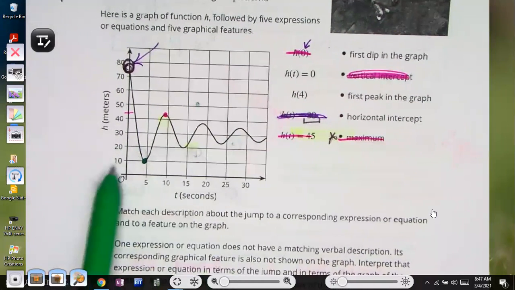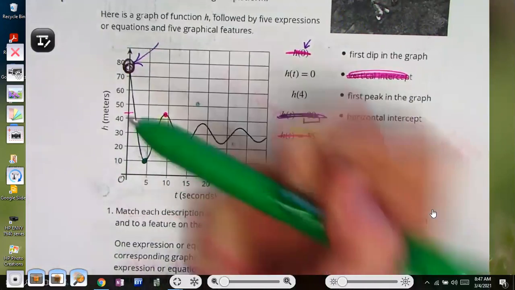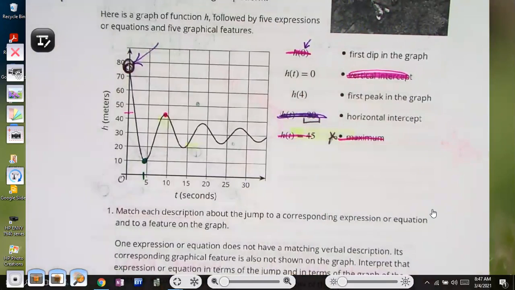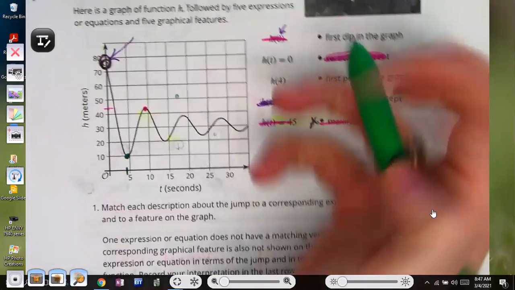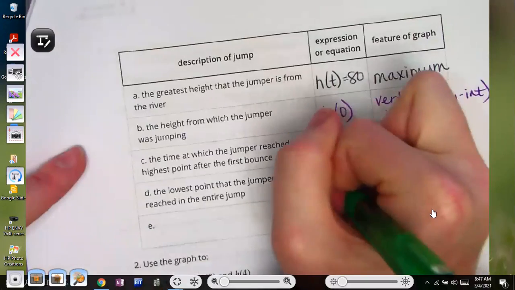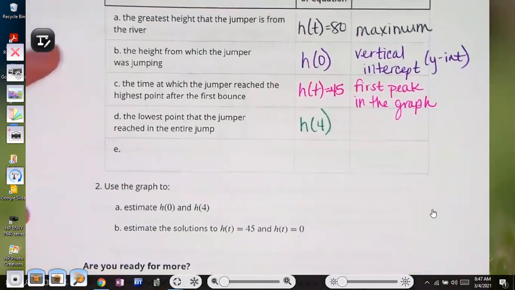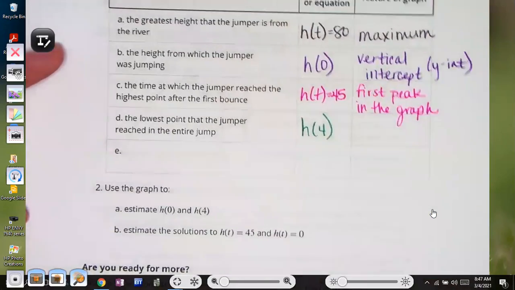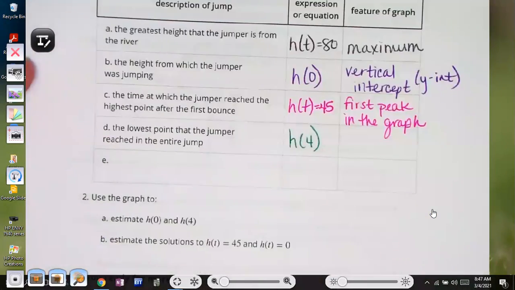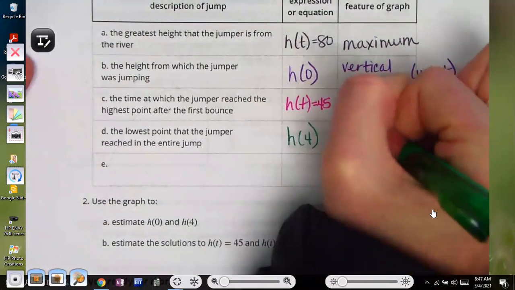H of 4, because at 10 meters, how much time was it? 4 seconds. That's right there at my 4-second point. So that would just have been set equal to 10. So h of 4 would be the expression. And what is that feature of my graph called? First dip.